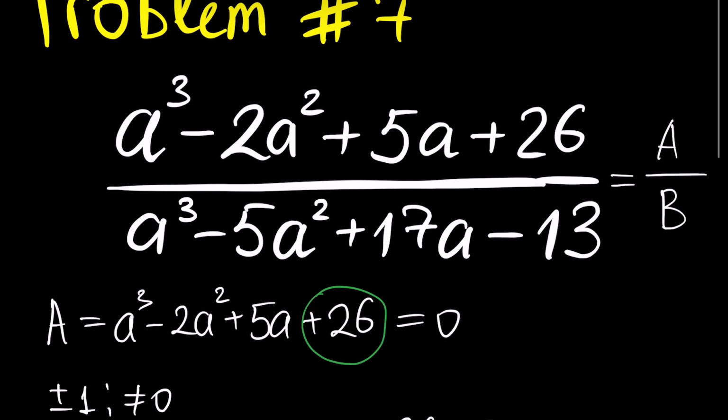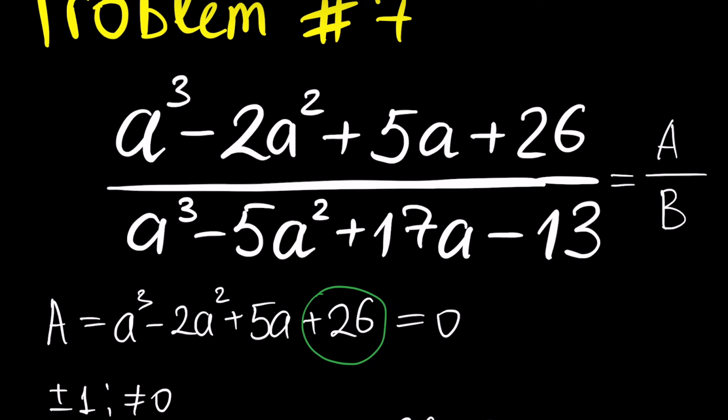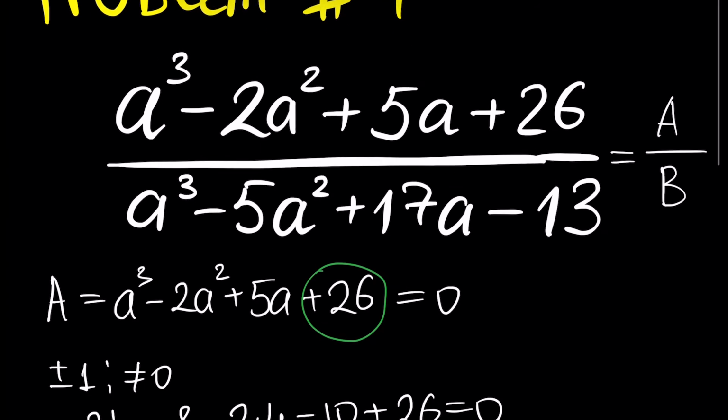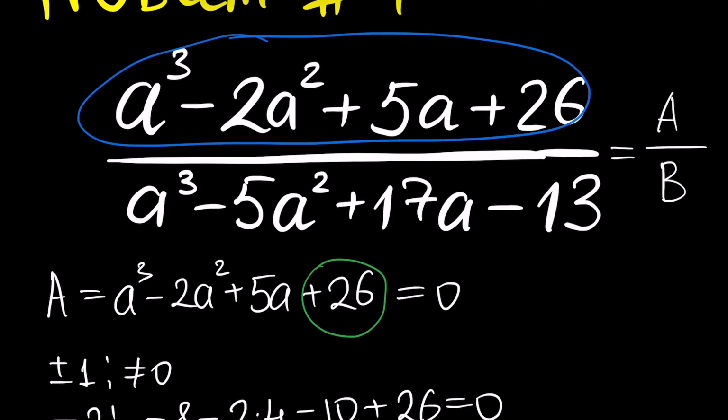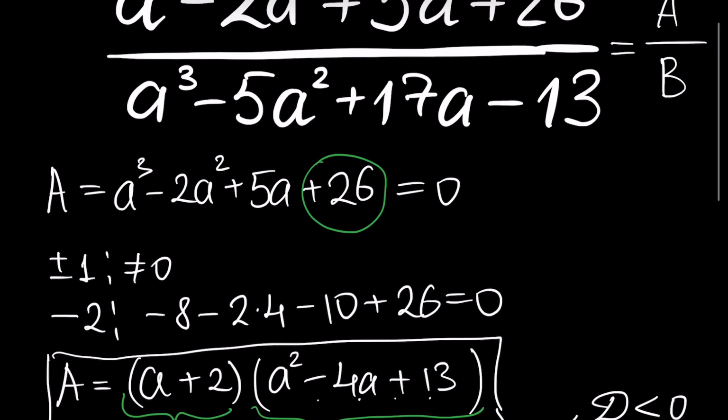Now let's look at this polynomial b. This is a polynomial of degree 3, and the root of polynomial a, which was minus 2, doesn't divide 13. So this polynomial cannot be represented as a plus 2 times something, right?